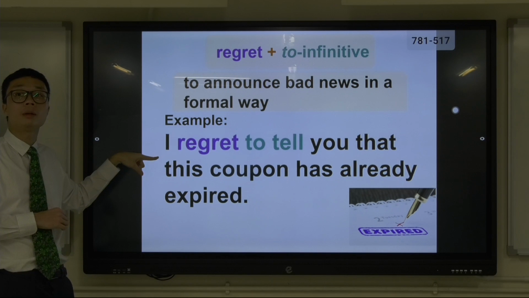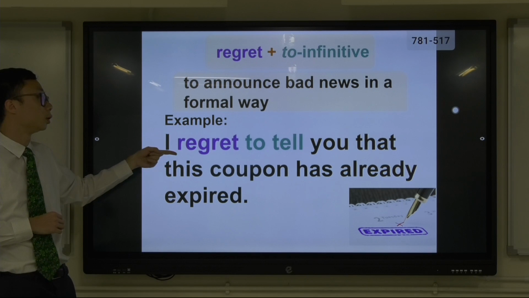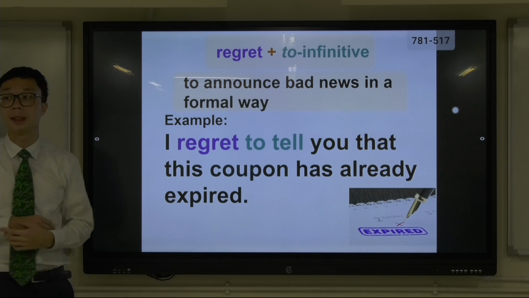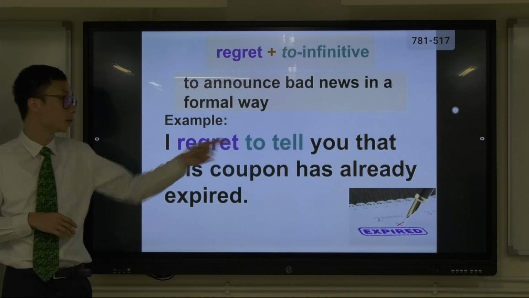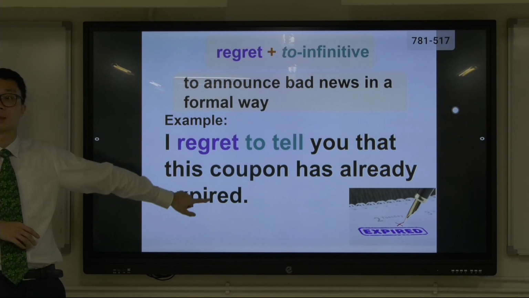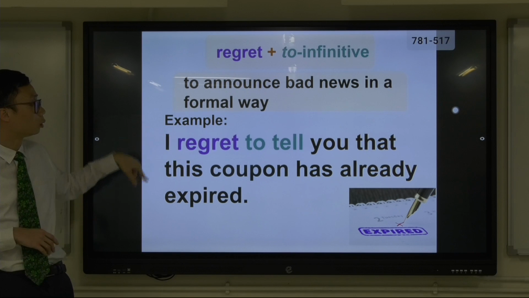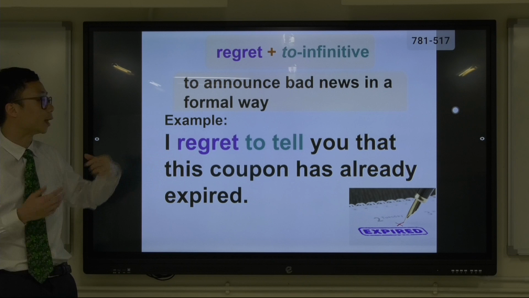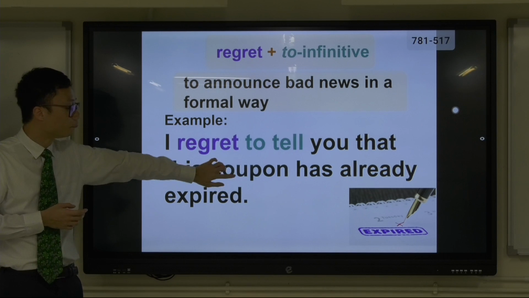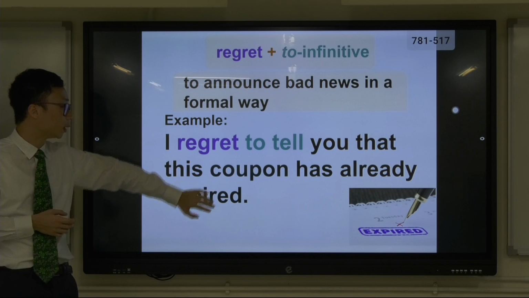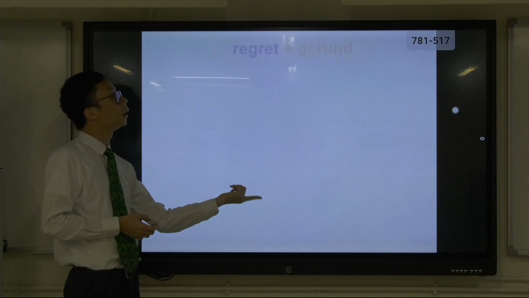This is an example: I regret to tell you that this coupon has already expired. You know the word coupon here. Expire means it has passed its date. So this sentence is a formal way of telling someone bad news: sorry to tell you that your coupon has already expired.